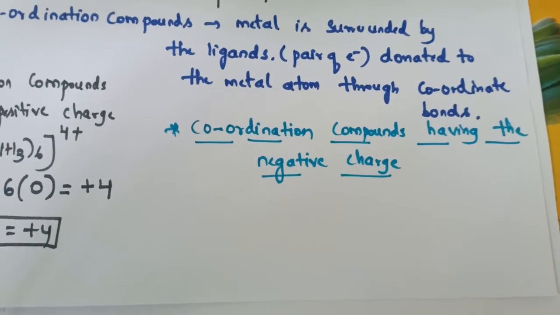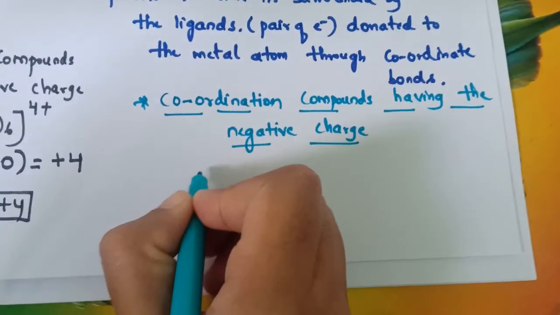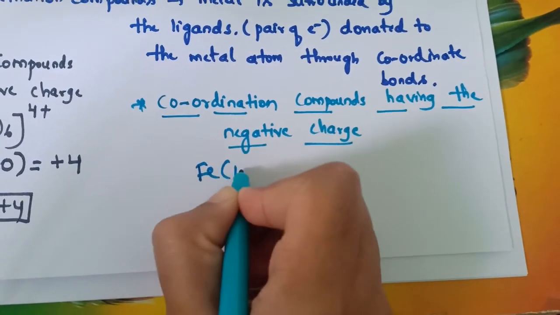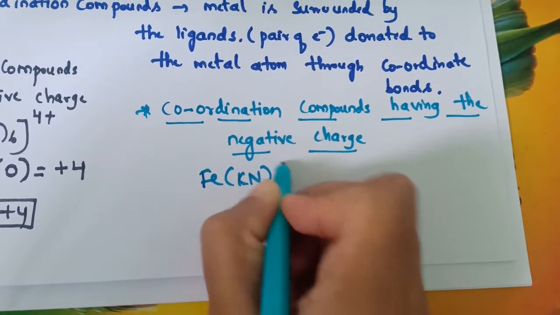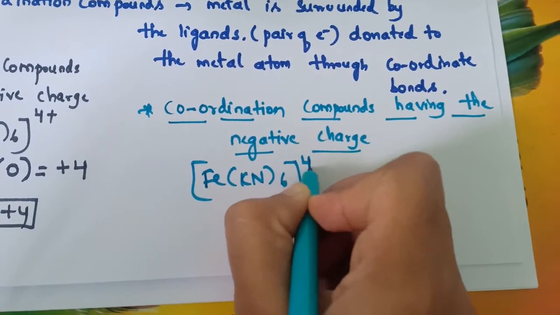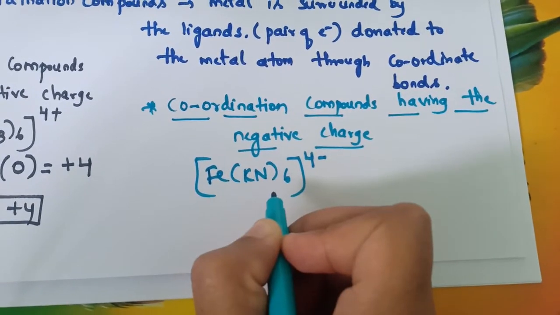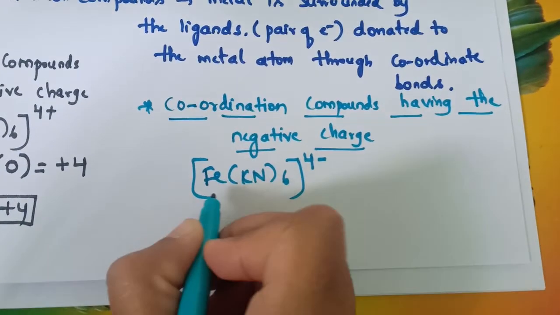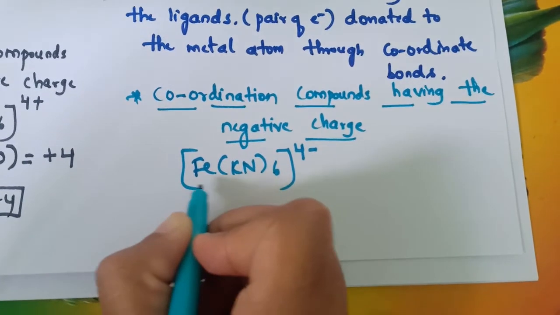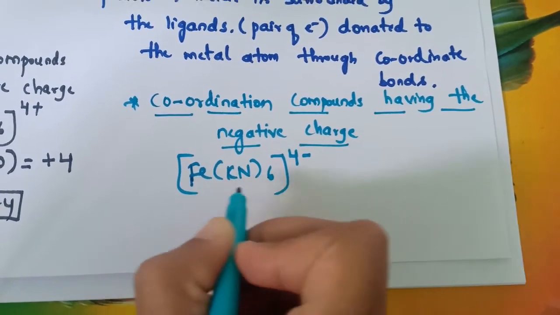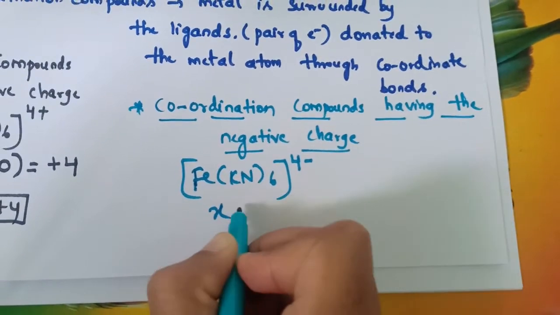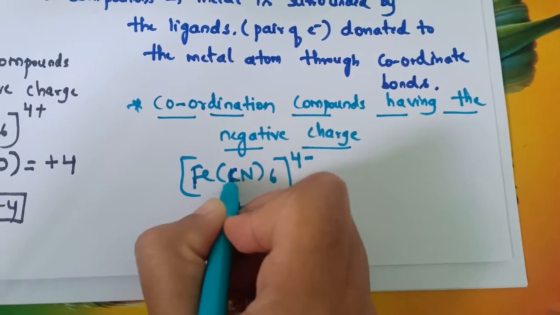Now coordination compounds having a negative charge. Fe(CN)6, 4 minus. The charge on the complex is 4 minus. Now we can calculate the oxidation number of the central metal atom. We don't know it, so let's consider it as X plus CN.